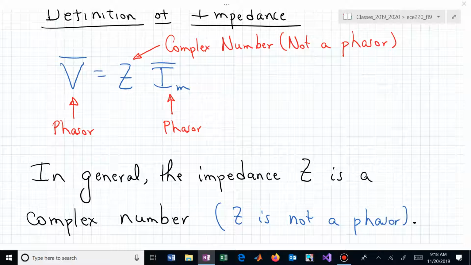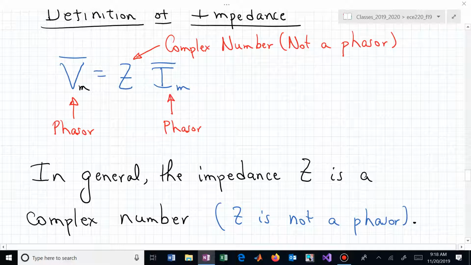And they had that e to the j omega t inside the real, or when we were expressing those as complex exponentials, we had to extract from this argument of the real expression the e to the j theta and the magnitude. And we basically kept the e to the j omega t on the side. The v and the I are phasors. And maybe to be consistent, I should just say v sub m.